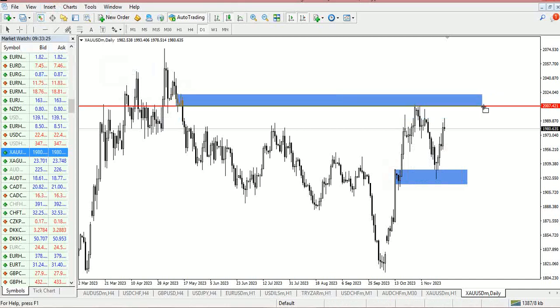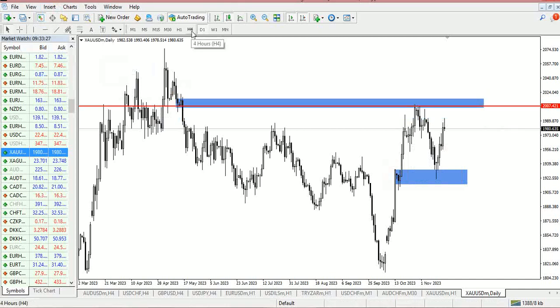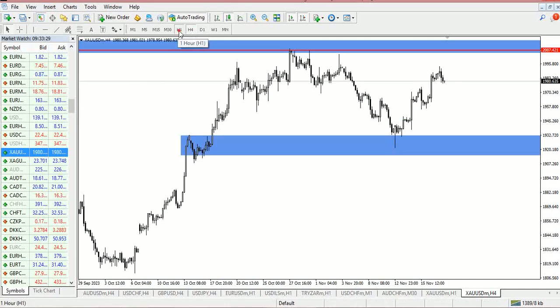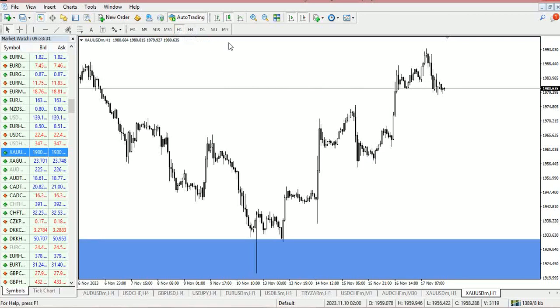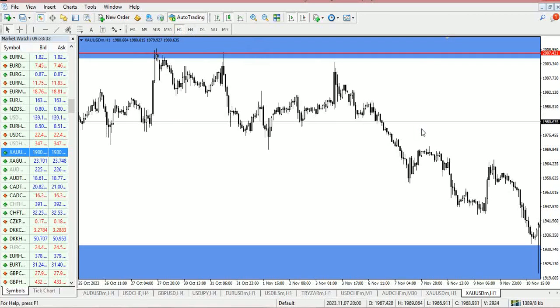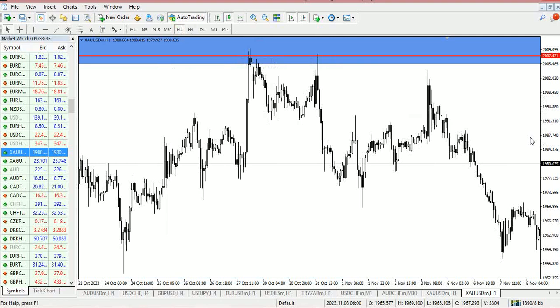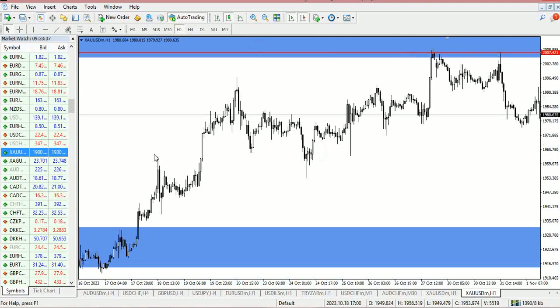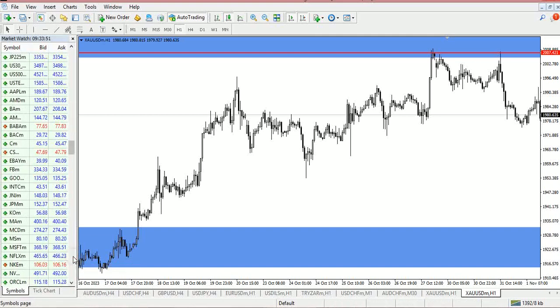So let's go for some smaller time frame. Probably we'll find something. Okay, nothing. Let's go for some other stuff. Okay, we've actually checked this. There's a lot of pairs on Xness. Okay, let's look at the Bitcoin. I haven't checked the Bitcoin in a minute, so let's check Bitcoin.